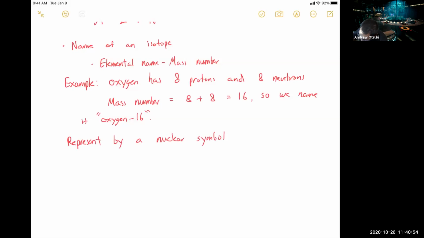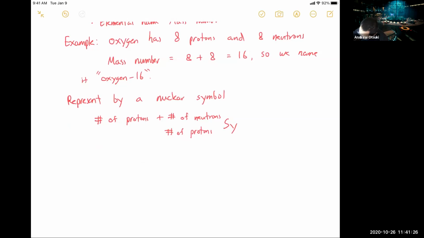We have the number of protons plus the number of neutrons, and at the bottom we have the number of protons again, and here is the element symbol. Another way of looking at it is mass number on top and atomic number on the bottom.